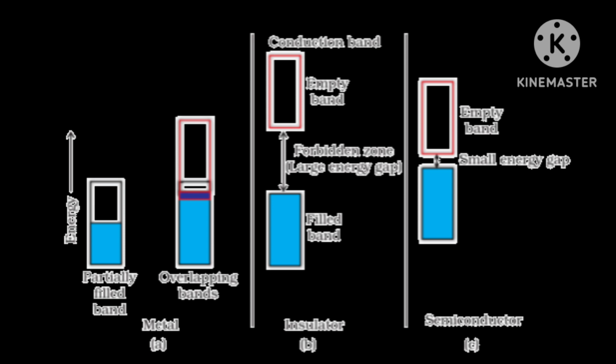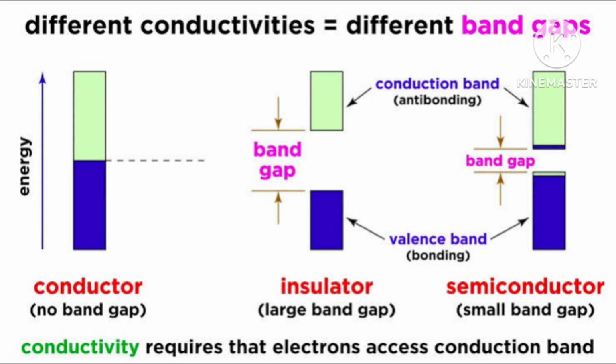If the band is partially filled or it overlaps with a higher energy unoccupied conduction band, which has no electrons, then electrons can flow easily under an applied electric field and the metal shows conductivity.